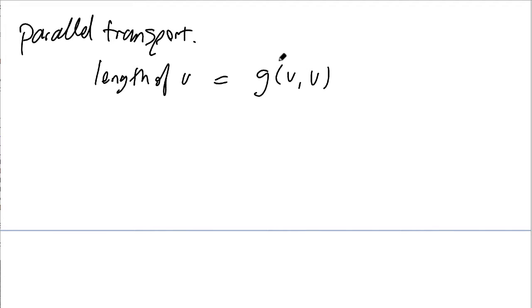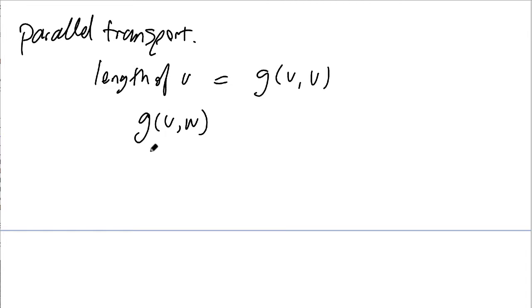Well, parallel transport will keep the length of a vector unchanged, and the length of a vector is defined by the inner product of the vector with itself. That would be the squared length, and the inner product is determined by the metric. Of course, the metric can be used as an inner product between two different vectors, say v and w, and that's the generalization of the dot product, so it tells us the angle between these vectors.